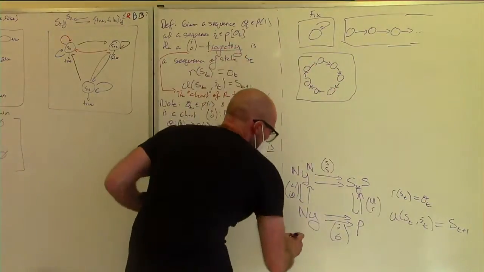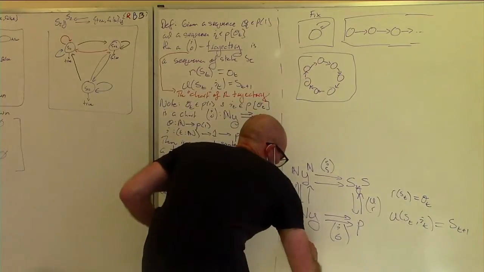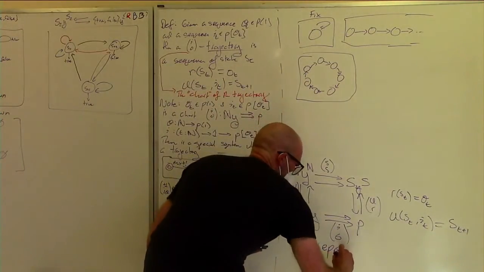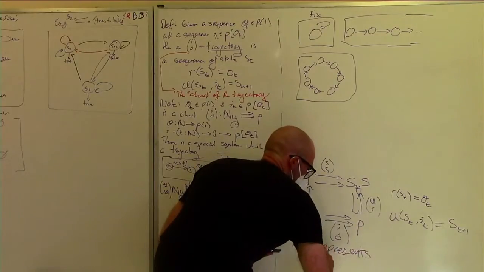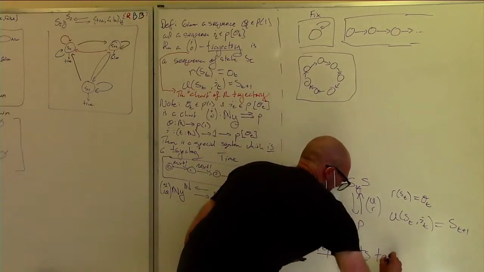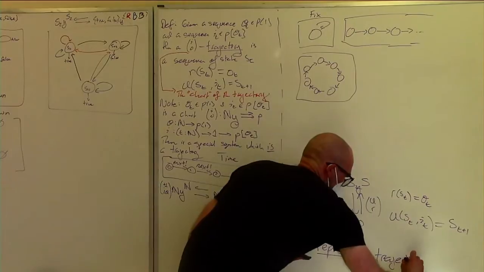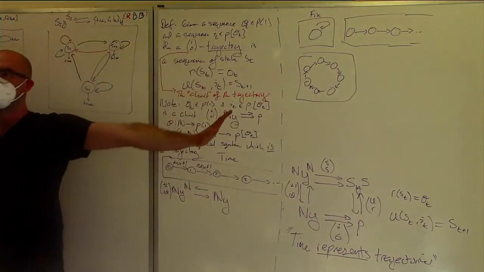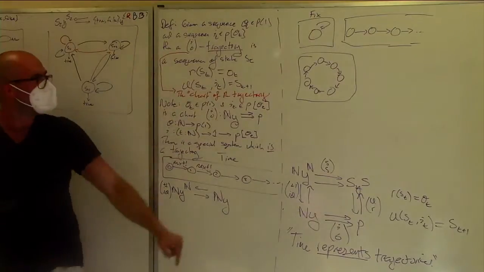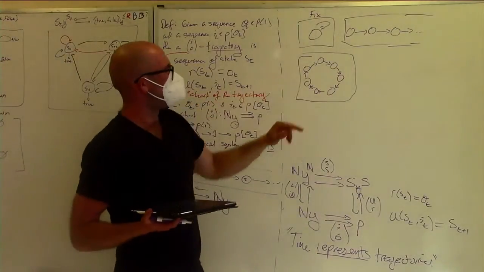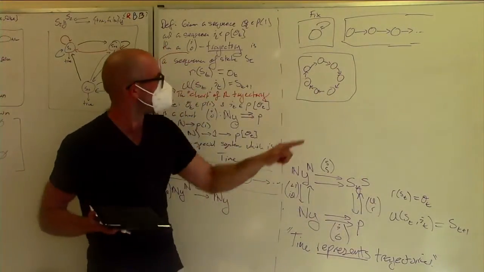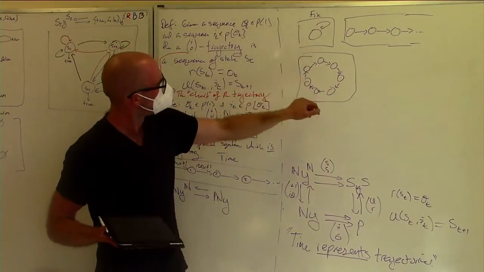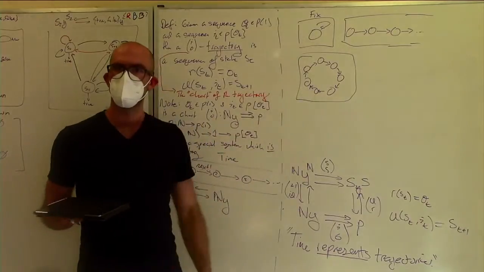Oh, I need to say, this means time, that system on the left, represents trajectories. So represents means that maps out of this system are those things. So this kind of system here is going to represent cycles of length, well, 1, 2, 3, 4, 5, 6, 7.